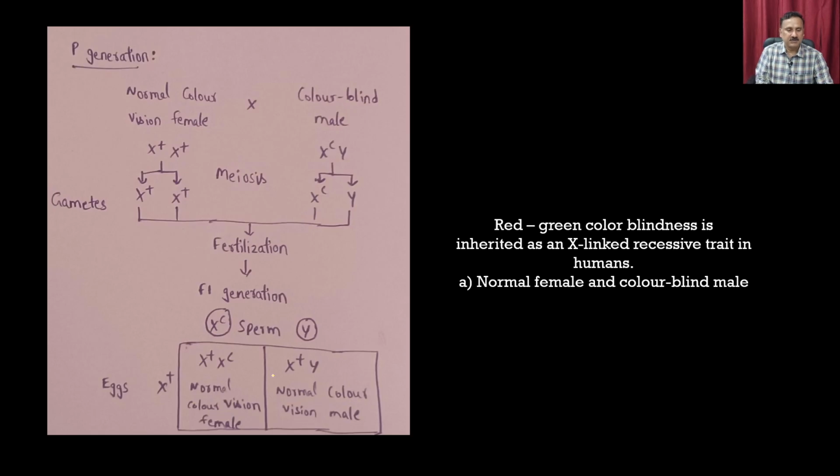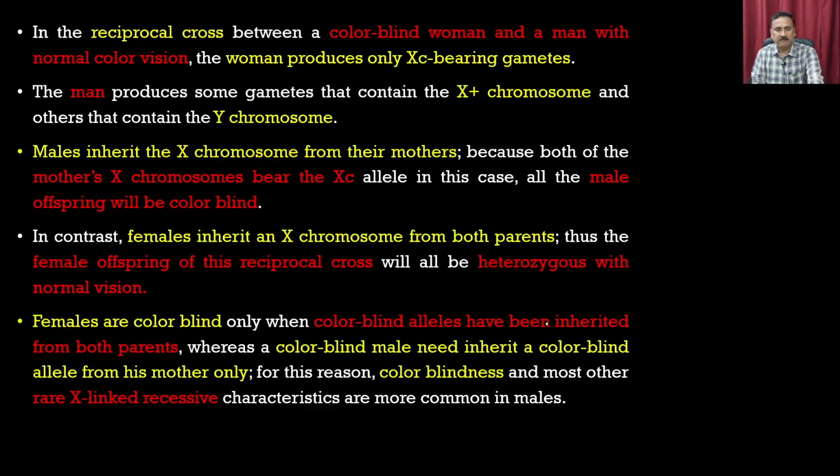So red-green color blindness is inherited as an X-linked recessive trait in humans.